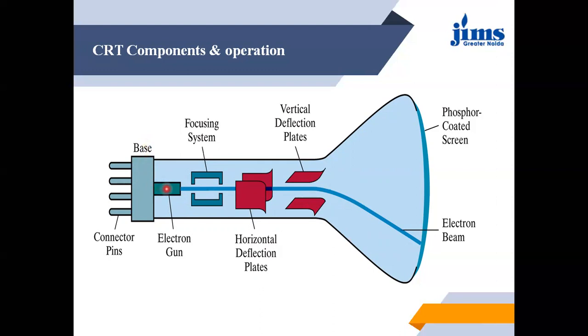When the coil inside this is heated, coil means element, then the electrons are produced from the electron gun. After this, it is passed through the focusing system. It focuses the electron beam.